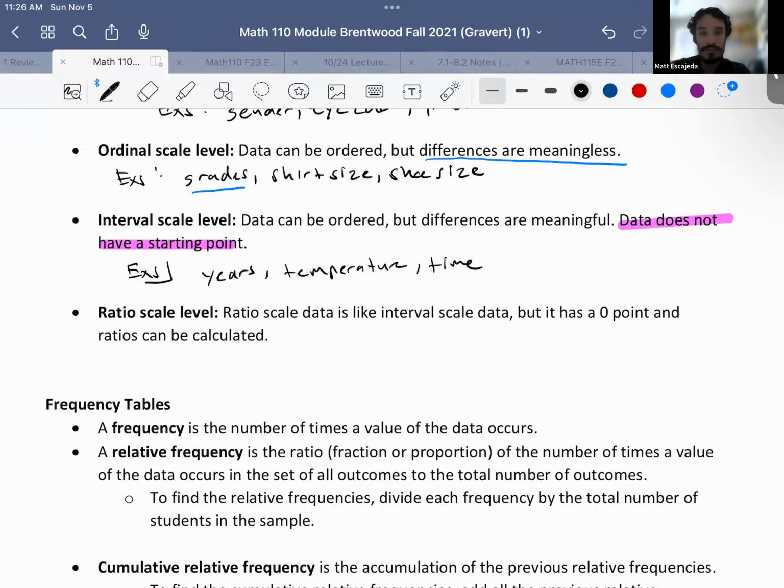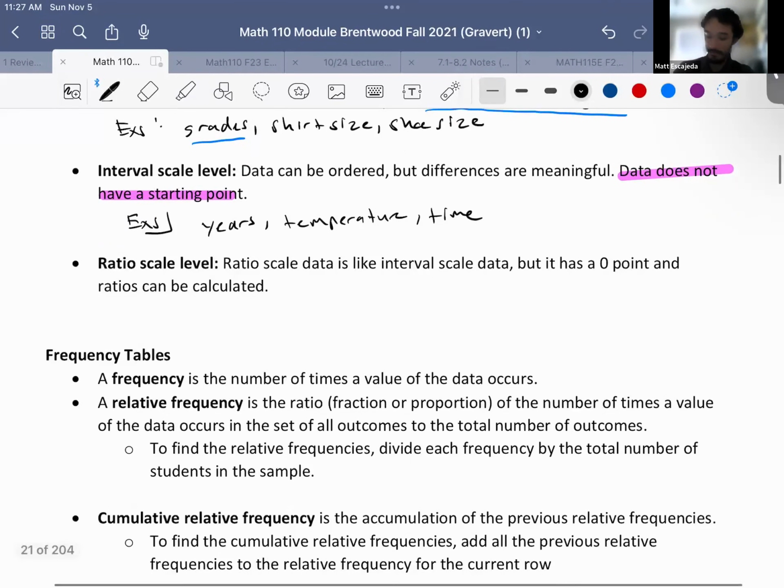Years can be ordered. The differences in years or temperature or time is meaningful, right? Different time means different things. Different temperature means different things. But the data does not have a starting point, meaning there's no certain initial start of time or temperature or years. There's no starting point, but the differences are meaningful.